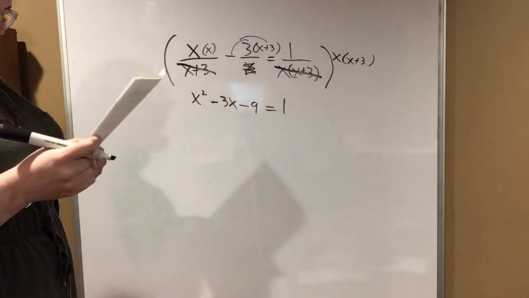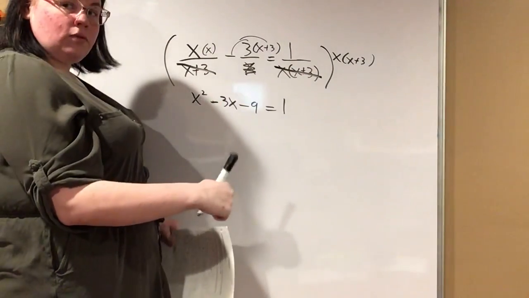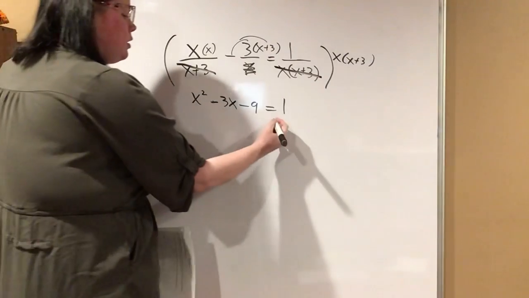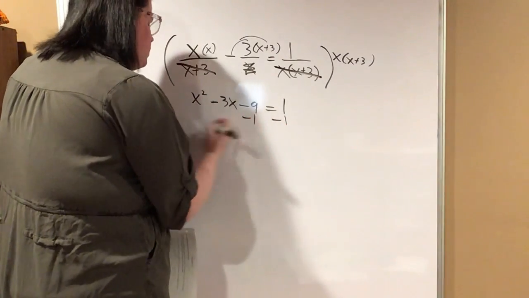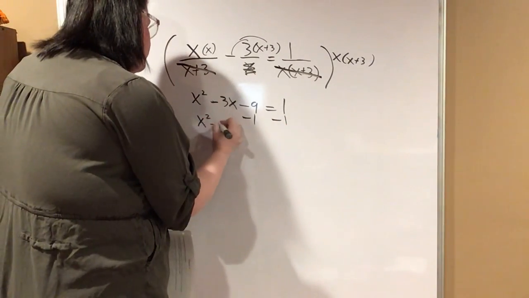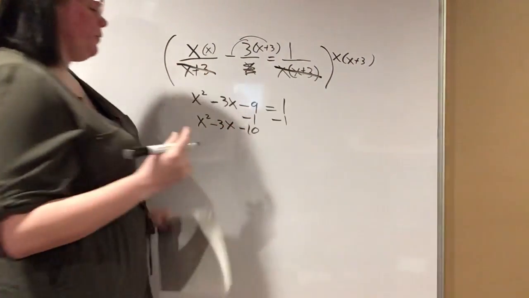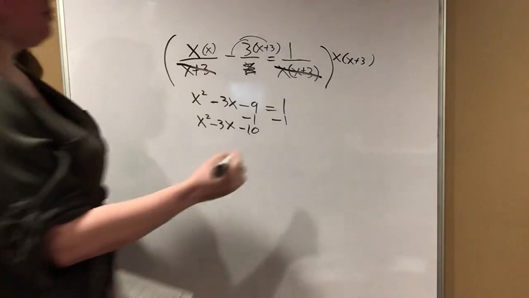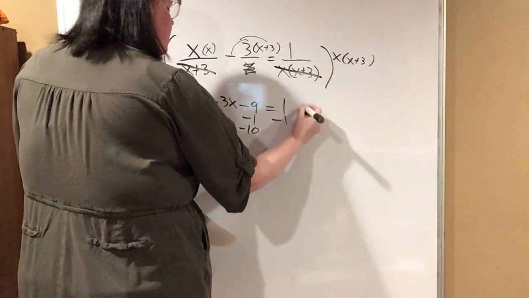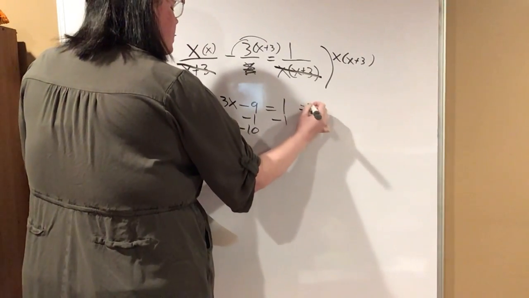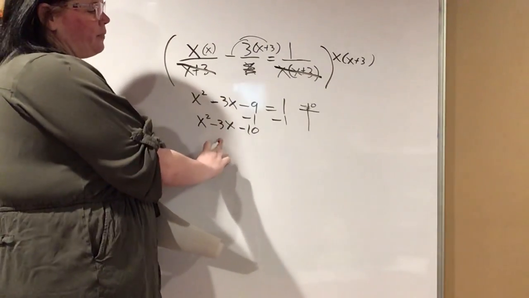Now that I have that, put it into standard form by making it equal to 0. So minus 1. Now I have x squared minus 3x minus 10. So now we make our little factor thing over here because we need factors of negative 10 that add up to negative 3.